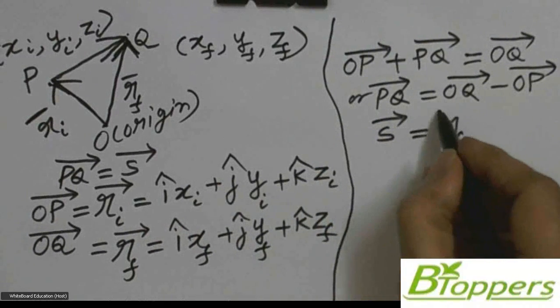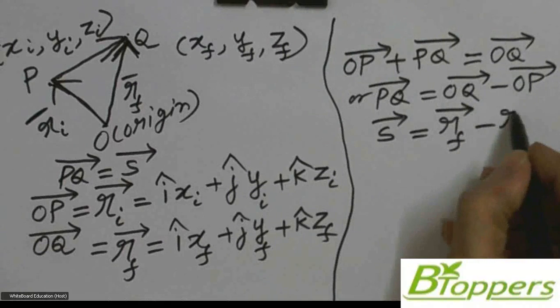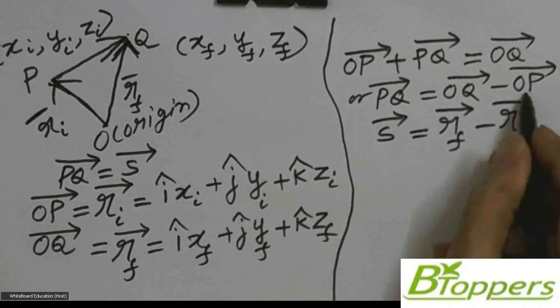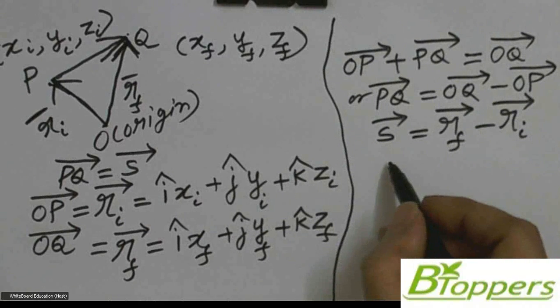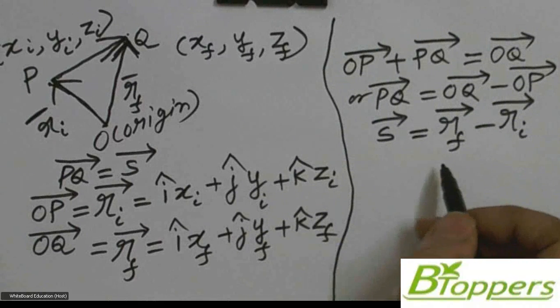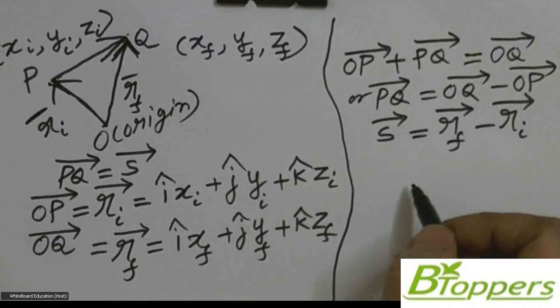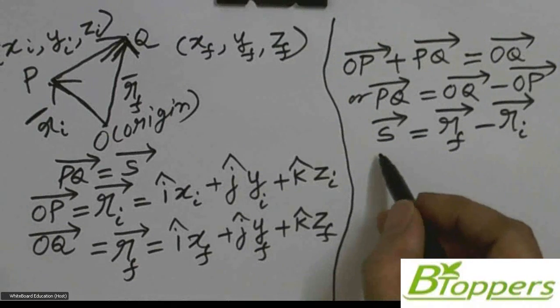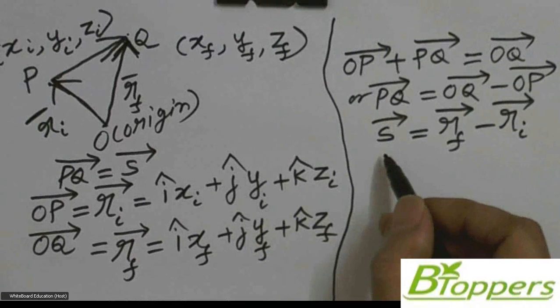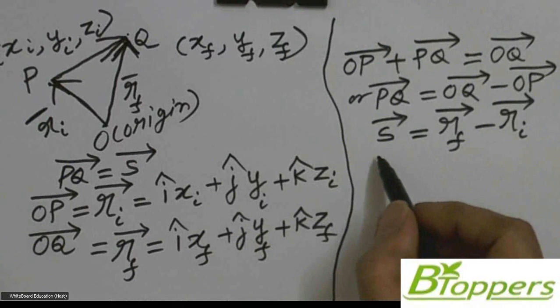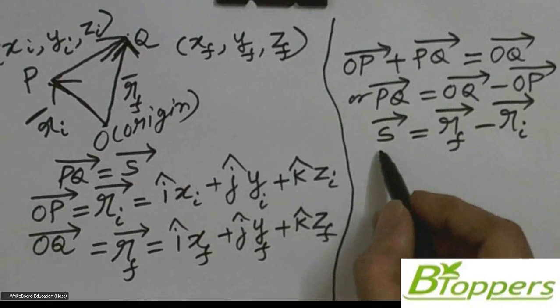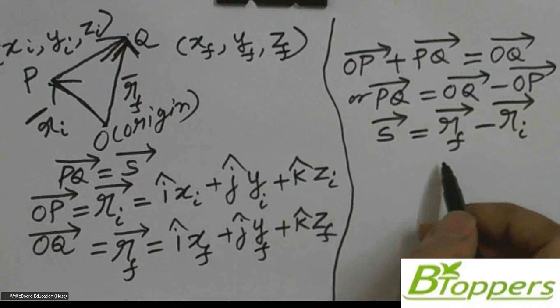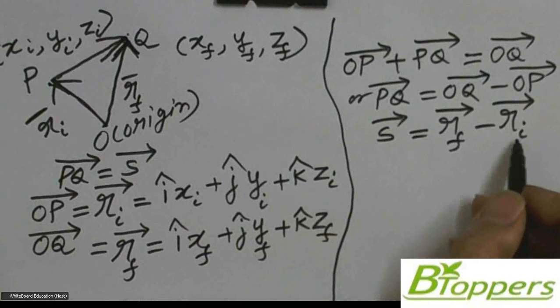So you can write the displacement vector of the particle is given by S bar equal to RF bar minus RI bar. In many numerical problems, we directly write this step. So displacement of the particle in vector form, we write position vector of the particle in the final position minus position vector of the particle in the initial position.